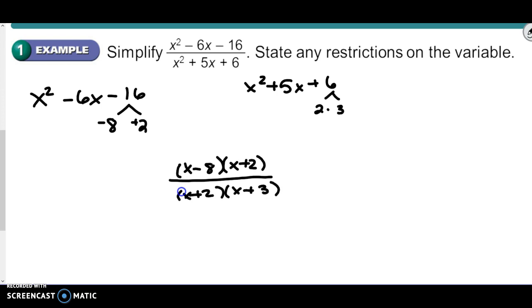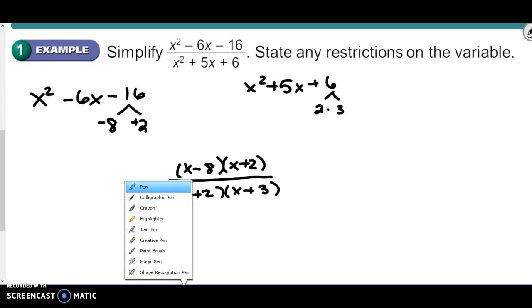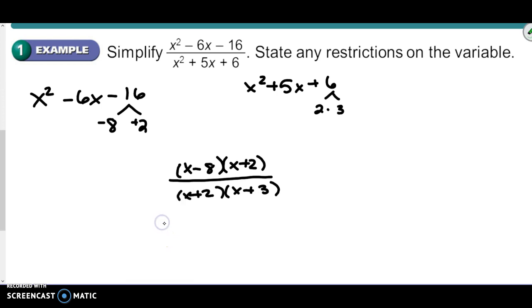Alright, so now we want to cancel out any like factors that we might have. So then we have x plus 2 and x plus 2. Those are like terms, so that is going to cancel out, and we have in the numerator x minus 8 all over x plus 3.